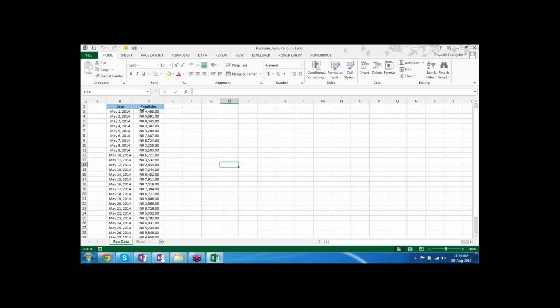Now this is the data of an ice cream store that is located in MG Road in Bangalore. Now they wanted some help from me. They said that we know that if the temperature of Bangalore soars or goes high, then we have a good sale of ice creams. So people come out, they visit, let's say the malls and other places.